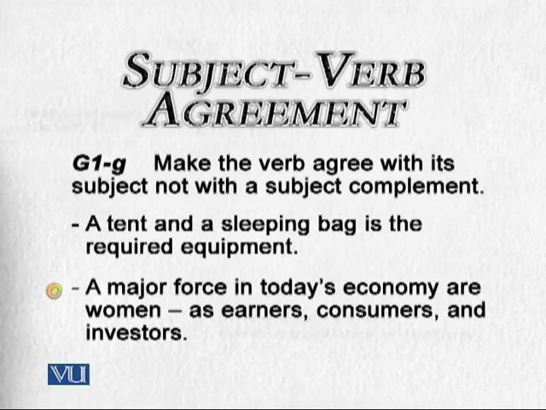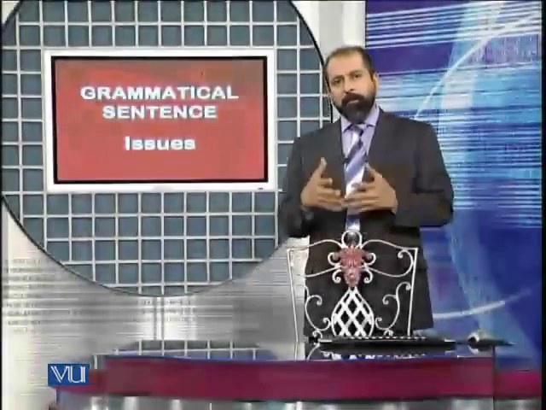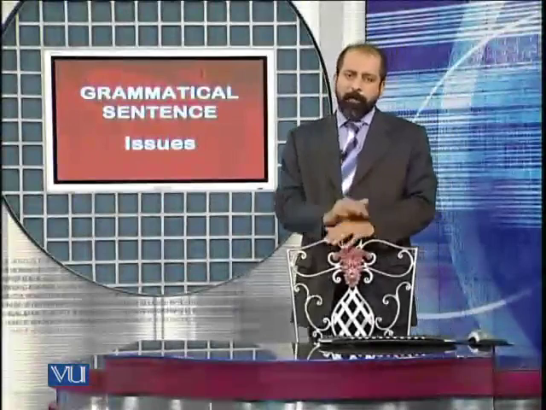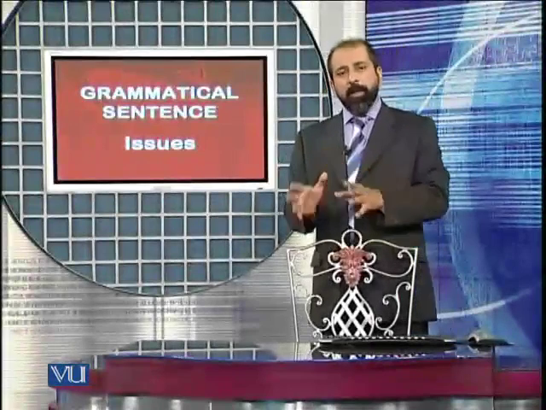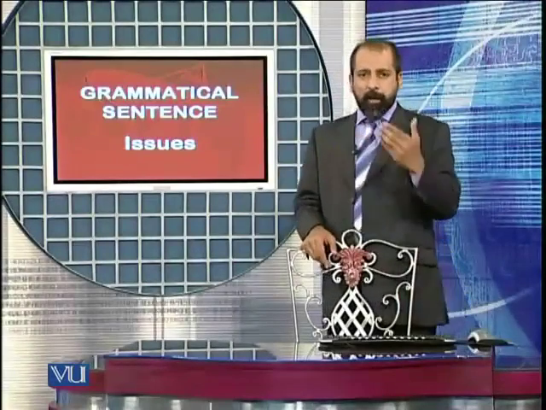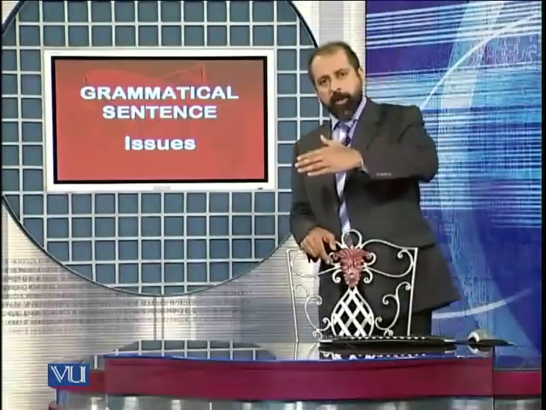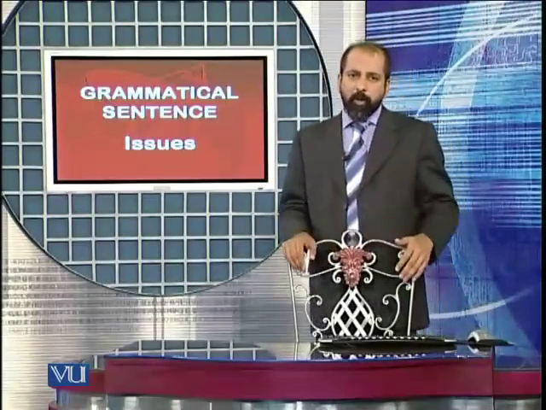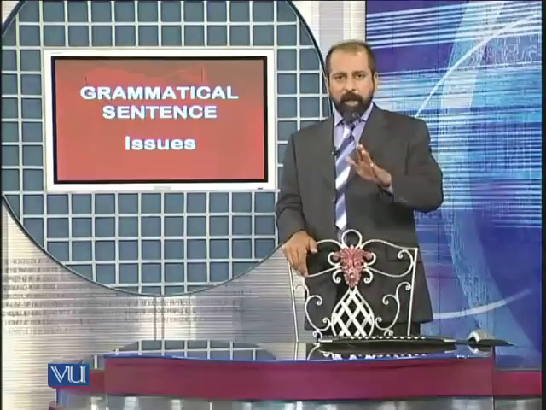Now, are women, you might be wondering, because women is plural, the verb should be are. But women is actually the subject complement. Like subject, verb, and complement. Women is the subject complement, and this is of course wrong, the verb has to agree with its subject.